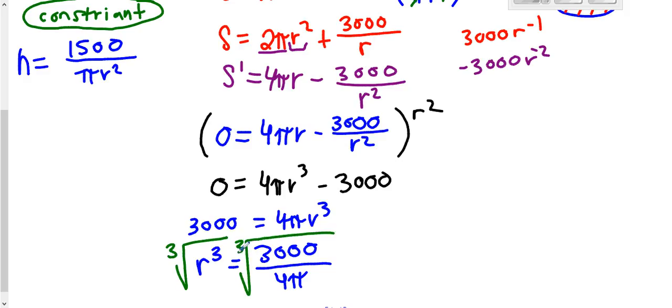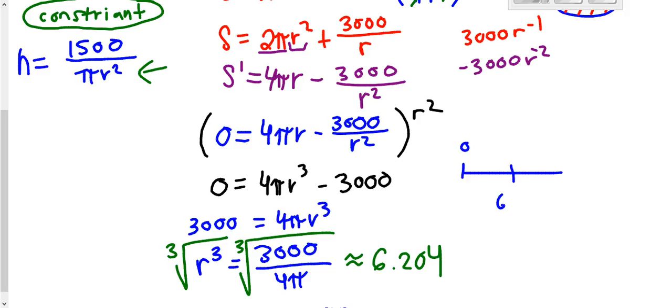You can leave it like this for an FRQ, but remember we are going to have to plug this back in to get our radius if this is our minimum. When we do that, we get 6.204, three decimal places because we're in AP Calculus. Now we can just make sure this is a minimum. We know we don't want any negatives, so the smallest is going to be 0.